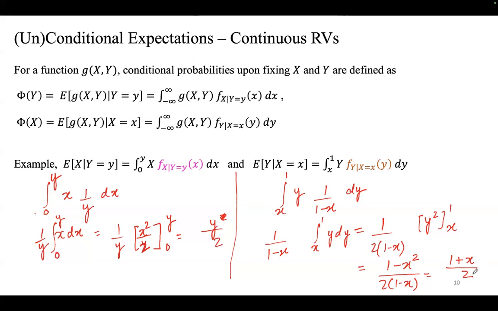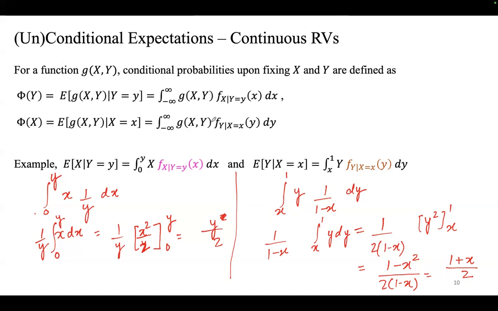So now we'll come to these expressions. As you rightly pointed out, instead of g(x,y), I could have just written x. If I just write x or if I just write y, then that is also an expression in itself. X itself is an expression. It does not have y in it. Y is also an expression. It does not have x in it, but it's an expression. So this just indicates that this formula is valid for any expression in terms of x and y.